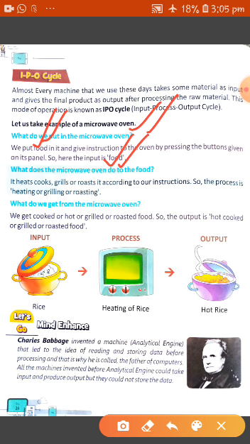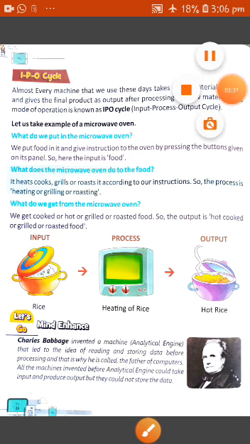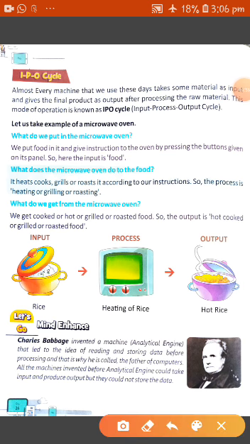Similarly, a computer works with our instructions. Now, what do we get from the microwave oven? We get cooked or hot or grilled or roasted food. So the output is hot, cooked or grilled or roasted food.